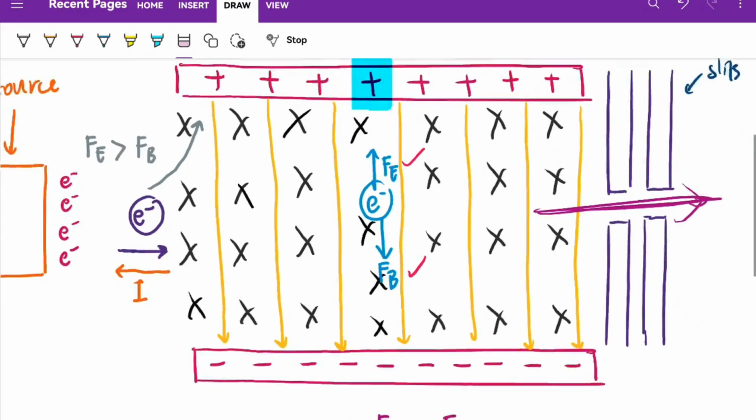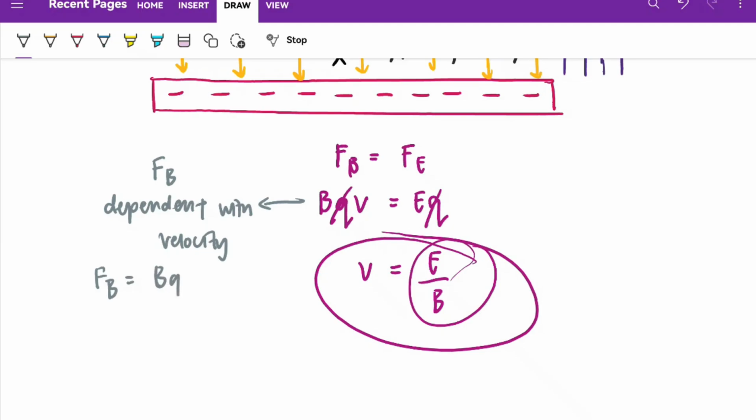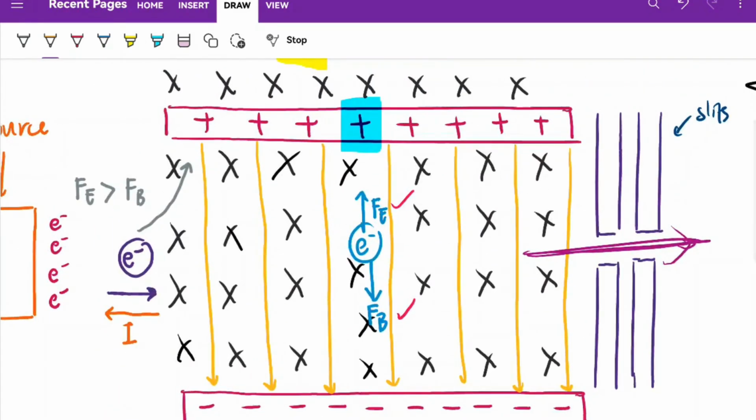Can we talk about velocity here? Of course, because we know magnetic field from this formula. Magnetic field is dependent with velocity. Why? Because FB equals to BQV. Your magnetic field is dependent to your velocity. So, based on this, as the electron deflected upwards towards the positive plate, our magnetic force decreases.